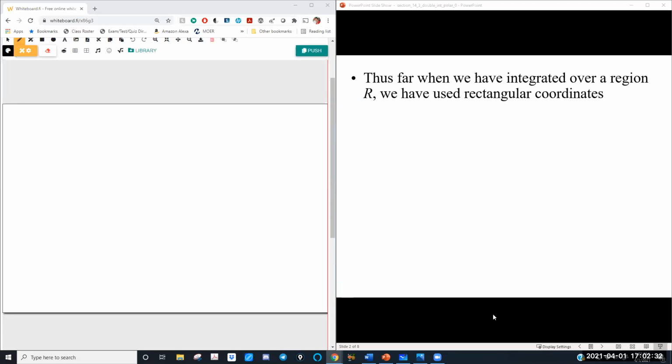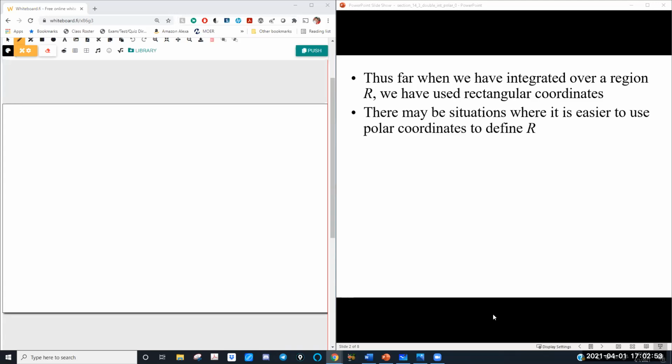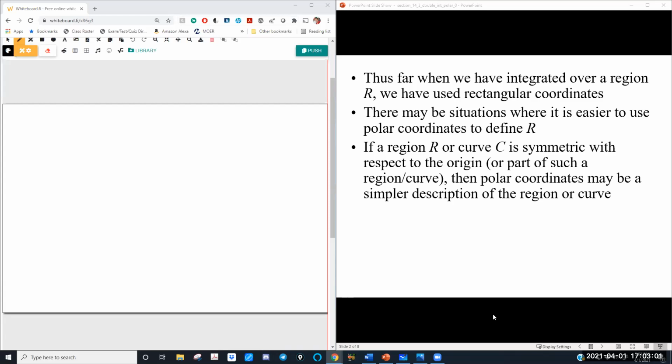All right. So on Tuesday, the region we were integrating over was given in rectangular coordinates. We saw if it was a rectangle, it was actually our favorite case because all of our limits are constants. But if one or more of our limits are defined by a function, we plot the region and we work from there. Okay. We're going to look at some situations today where it may be easier to define our region in polar coordinates.